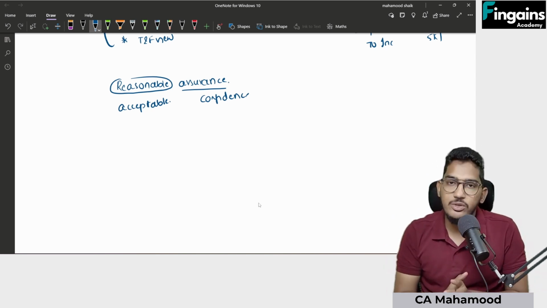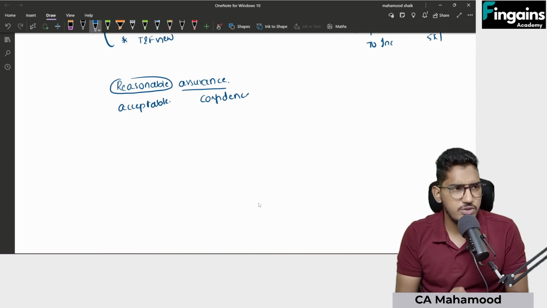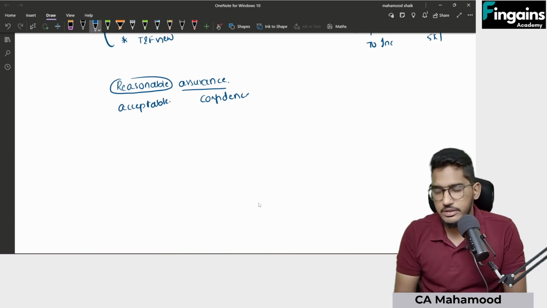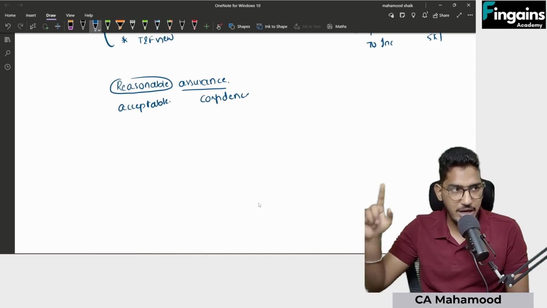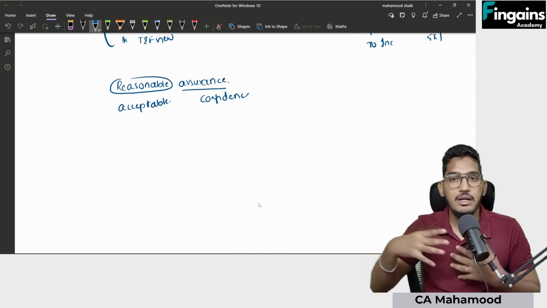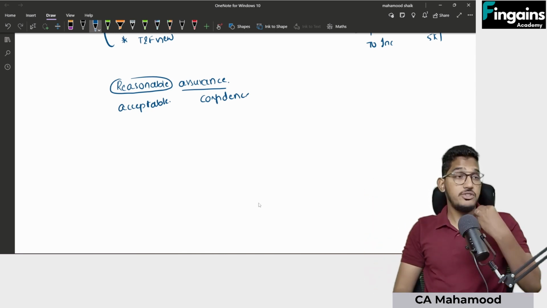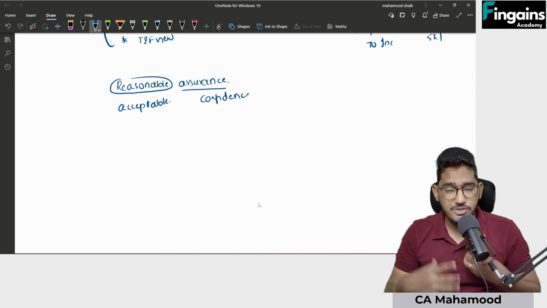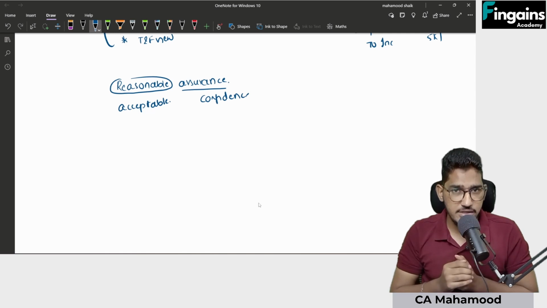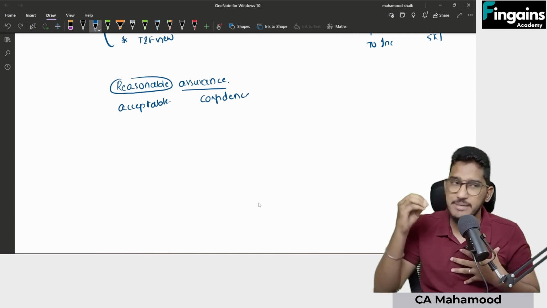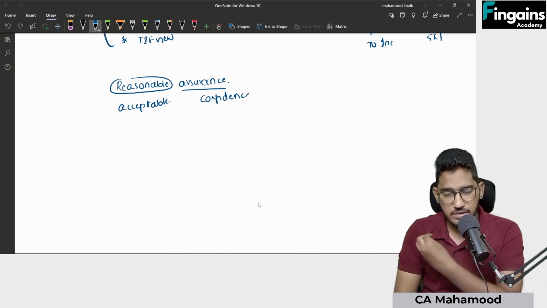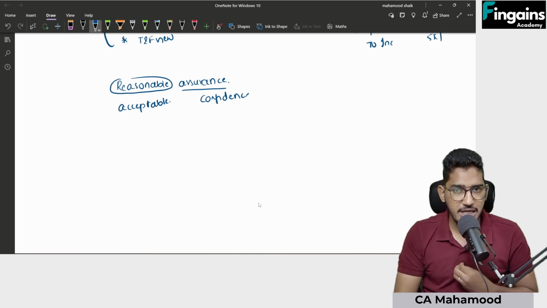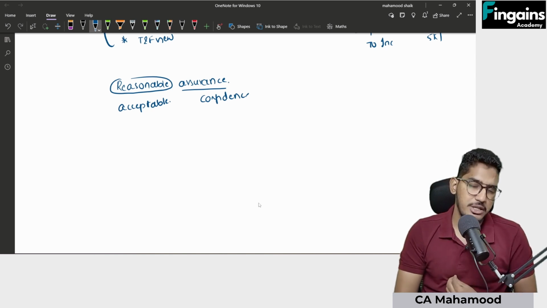So that's why SA 200 says that, first and foremost, as an auditor, before you express an opinion, you have to express the ultimate opinion. But while expressing that opinion, first you become confident. First you obtain a high level of confidence. First you obtain the acceptable level of confidence that financial statements are free from material misstatements and they're prepared as per the applicable financial reporting framework.